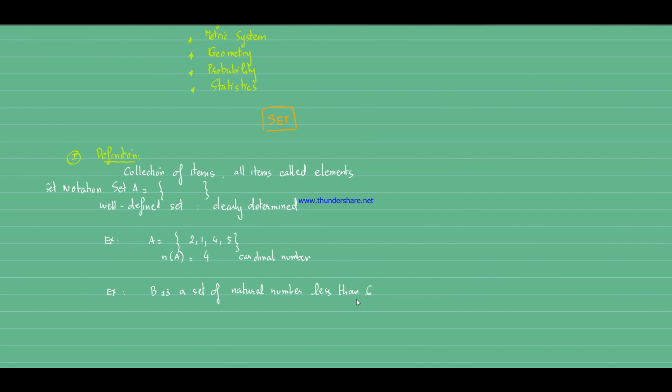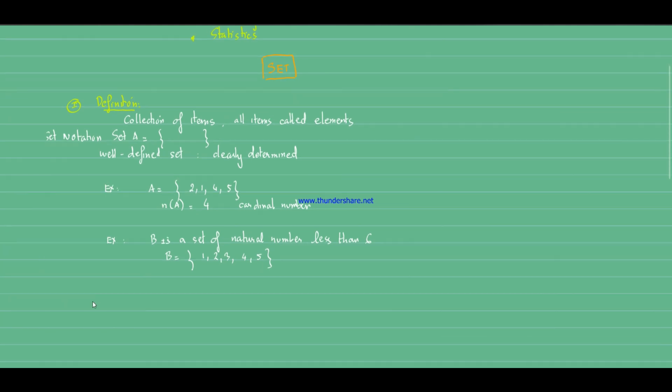So you can create a set B like this: natural numbers 1, 2, 3, 4, 5. The set B has 5 elements, so the cardinality of set B will be 5. It's very simple like that.